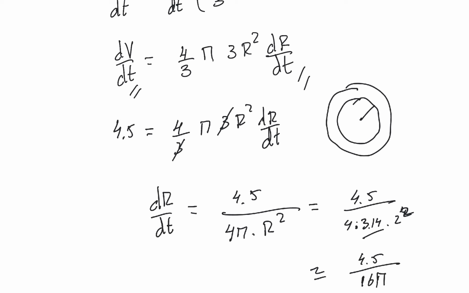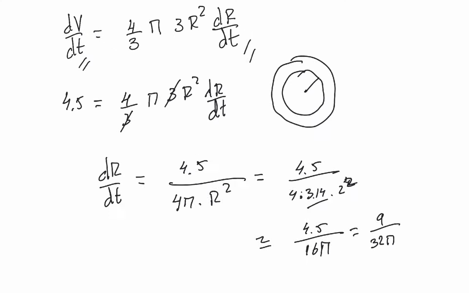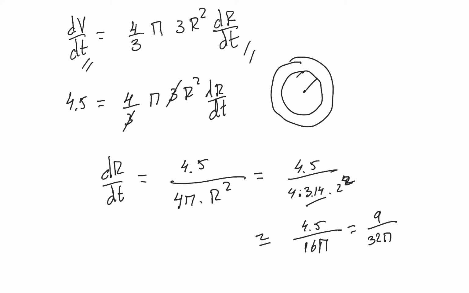16 pi. And 4.5 divided by 16 pi is the same as 9 divided by 32 pi. Now I can take a calculator and see how the radius changes in feet per minute, sorry, not per second, per minute.